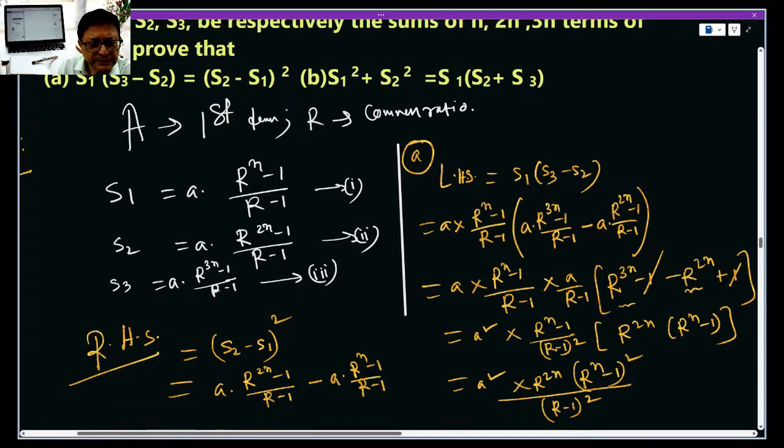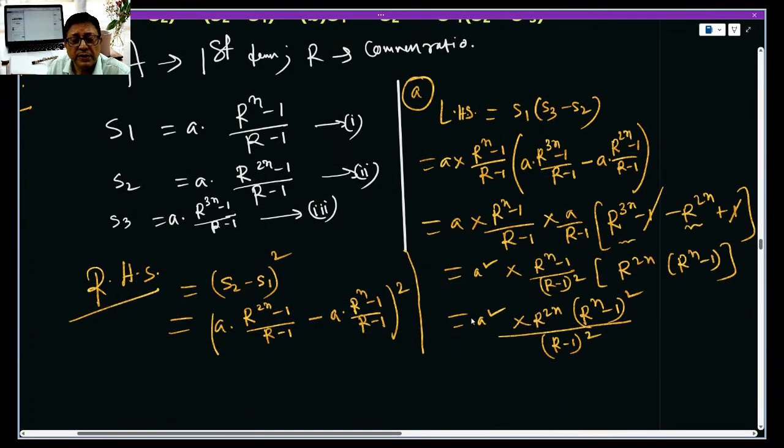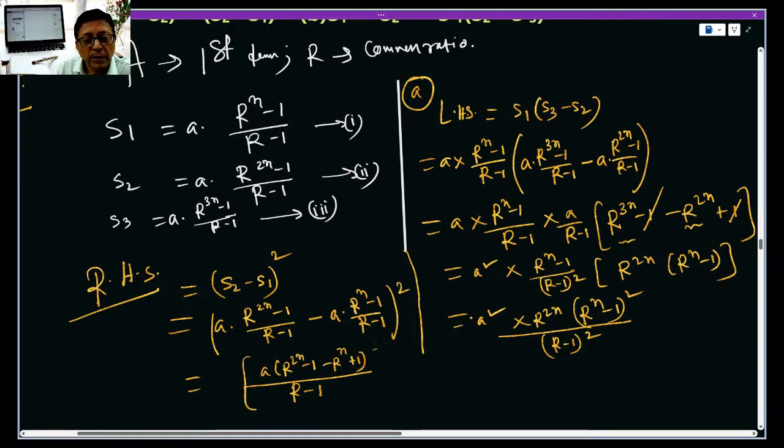Am I correct? This thing whole square. So this is going to be r minus 1 common, so there will be a into this minus 1 plus 1, strike it out. From these two take r to the power n common.